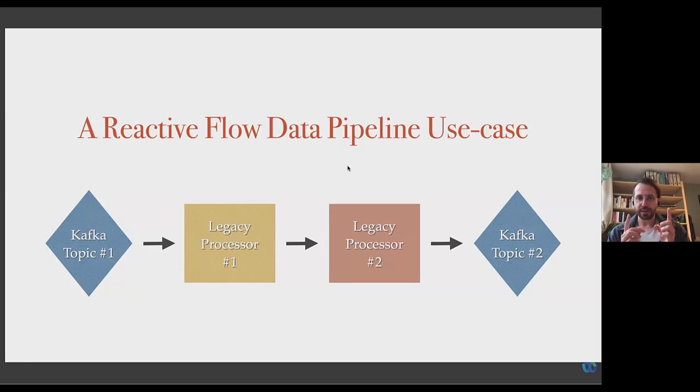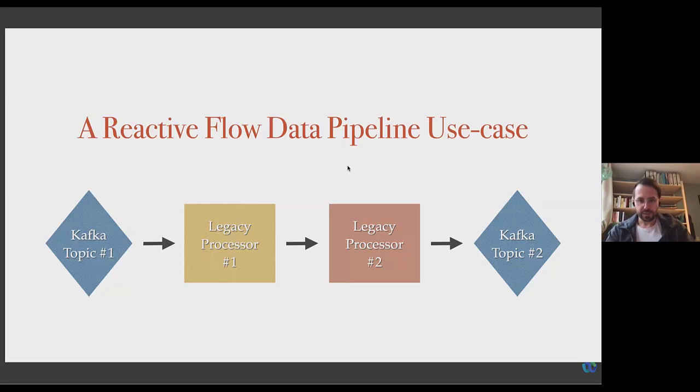The connection between the first legacy processor and the second one is via RSocket. RSocket is a protocol that's a direct competitor of HTTP, let's say, but it's built already with streaming and back pressure semantics in mind, as we're going to see in our demo.